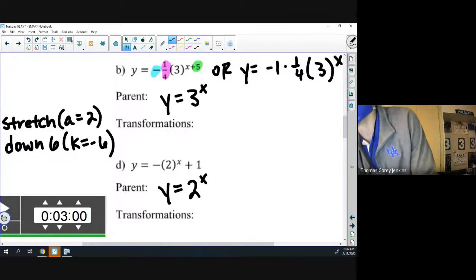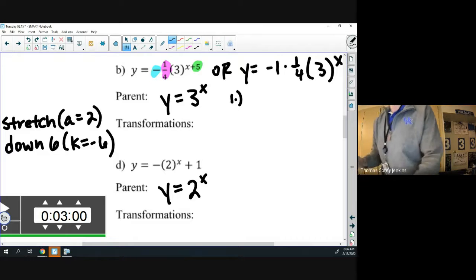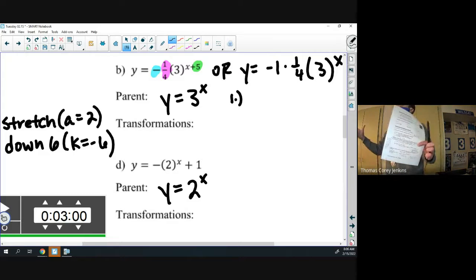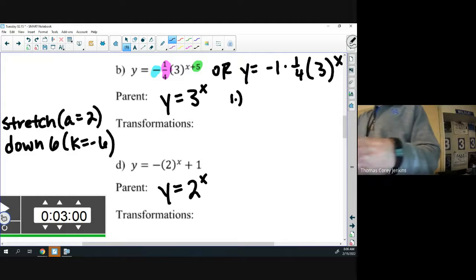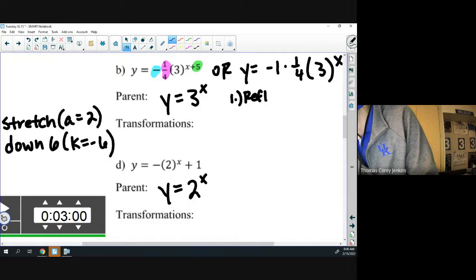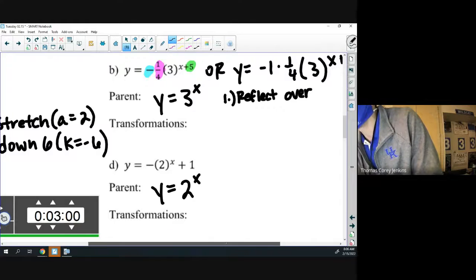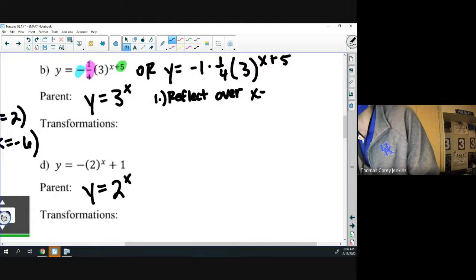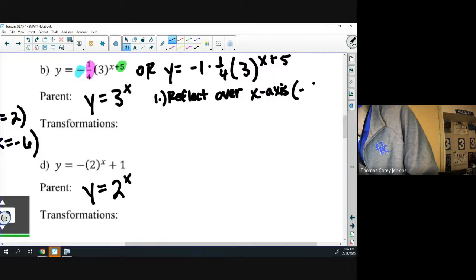All right, so the negative, if I take negative times f of x, what's that? A reflection. Which axis would it be? X-axis. Very good. So we can say we reflect across the x-axis, because it's of the form negative f of x.